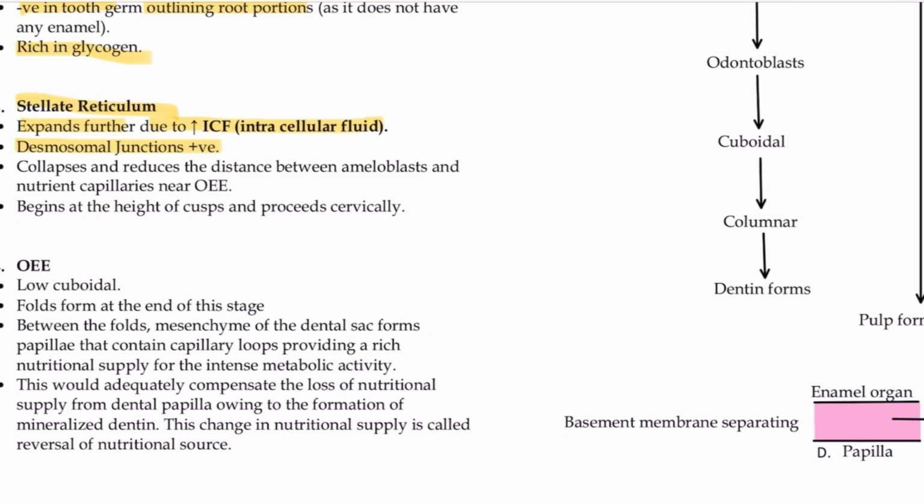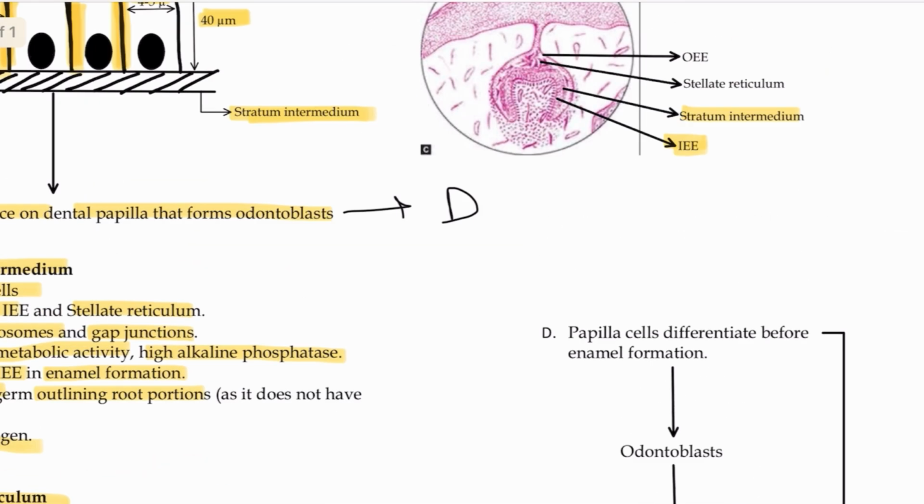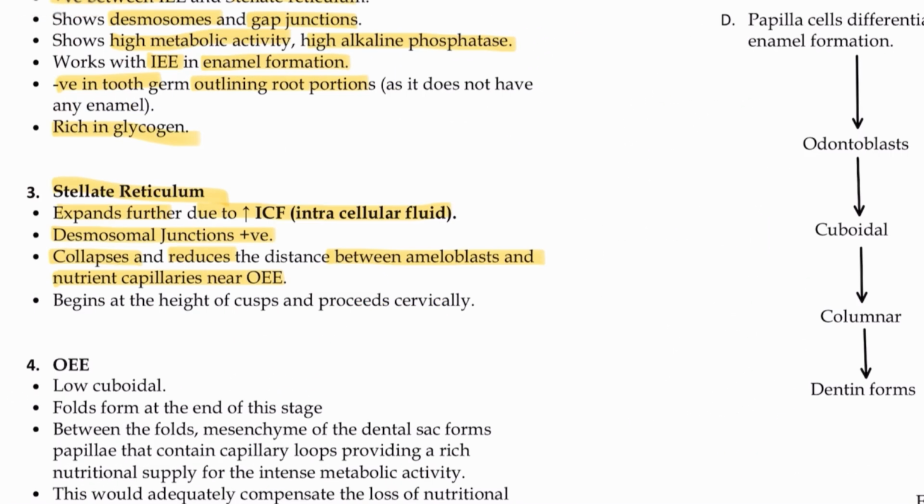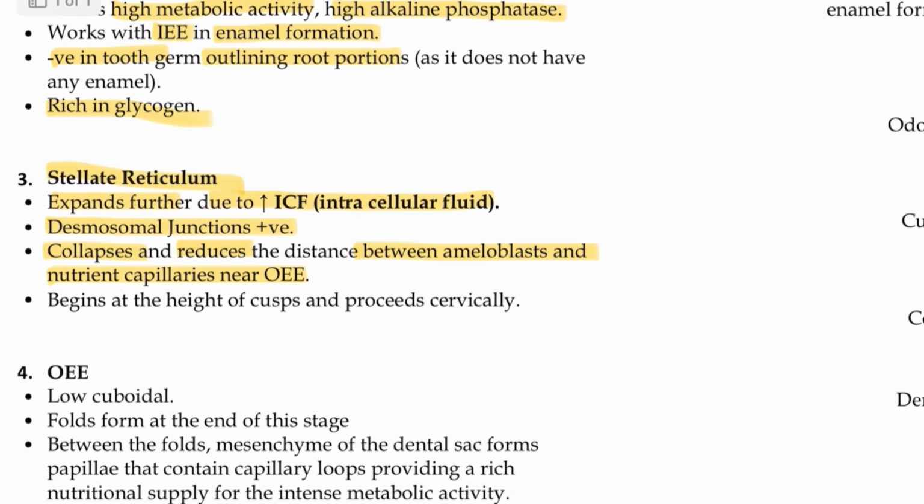Now it will collapse and reduce the distance between the ameloblast and the nutrient capillaries near the outer enamel epithelium. So yes, very important to discuss. Until now the nutrients and all the capillaries were in the connective tissue area, outside, and from there nutrients were coming in. Okay, and now what is happening? It will collapse.